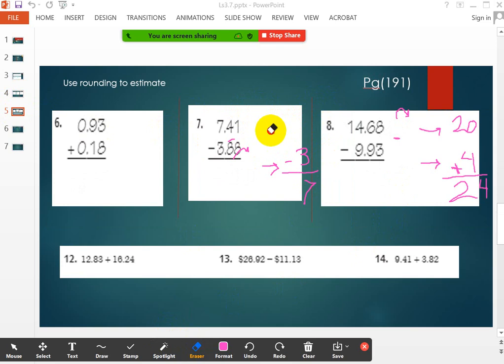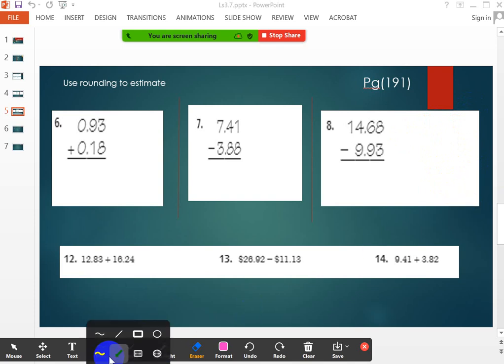So I will not use benchmark. I told you I will use it in the lesson to know the benchmark, but I will not use it every time. Now I will solve number 6, 7, 8.